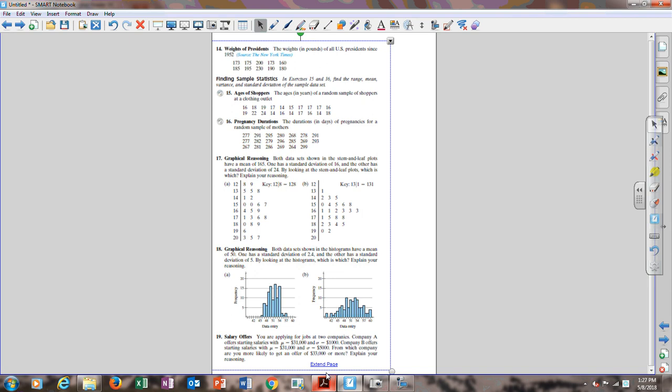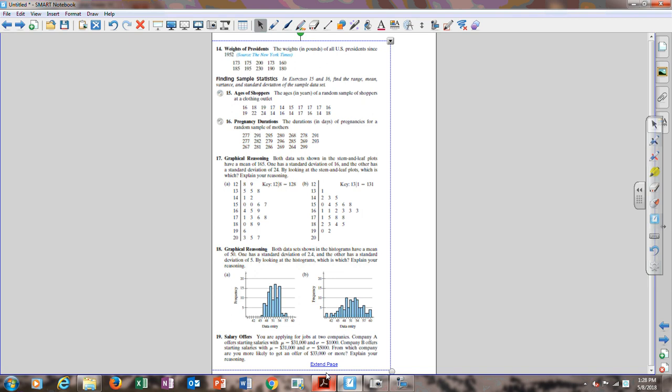From which company are you more likely to get an offer of $33,000 or more? Explain your reasoning. So you are more likely to get an offer of that much from Company B. And the reason is because the data is more spread out away from the mean.